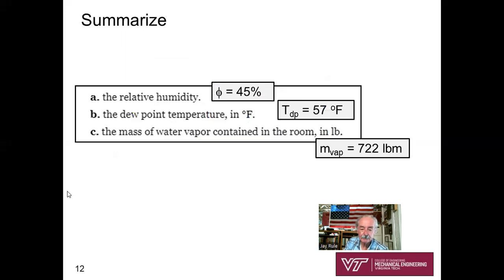A lot of times in these problems, it pays to summarize your work. And I've summarized my work here: relative humidity, 45%; dew point temperature, 57 degrees F; and a mass of the vapor of 722 pounds mass.